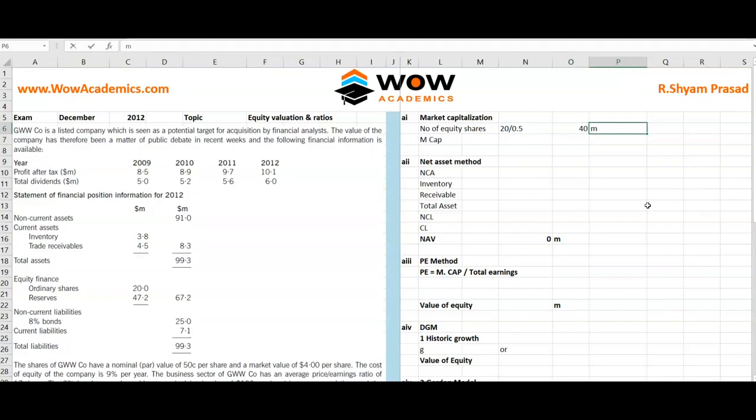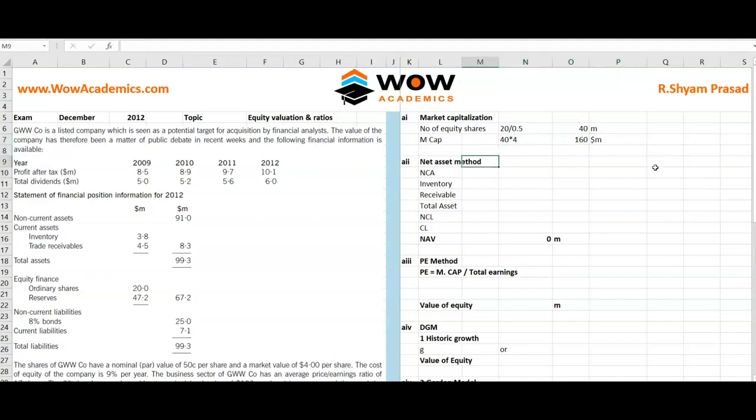So there are 40 million shares, and what is their worth? Their worth will be 40 million shares times the per share value. The per share value is $4 per share, so we'll multiply. This is in dollars and in million. So we got the first number.